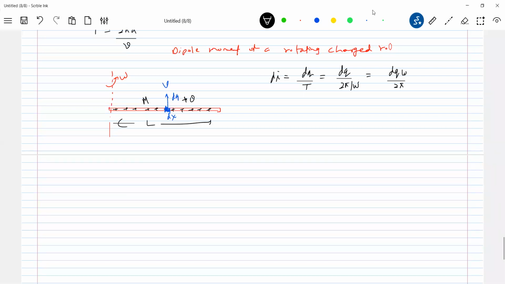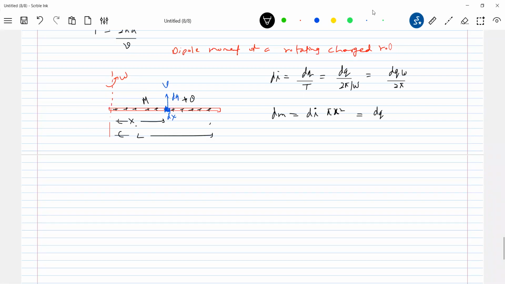What is the dipole moment of this small element? dm is equal to di into pi x square. Look at the element: it will move in a circular path of radius x. So dm equals di into pi x square. Let me substitute di here.